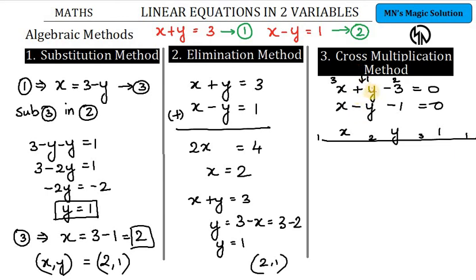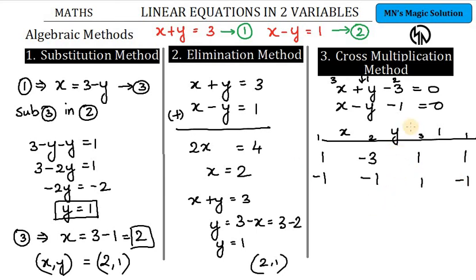So what are the coefficients in position 1? This y's coefficient is +1 and this y's coefficient is -1. Then again, the constants in position 2 are -3 and -1. So here -3, -1. What are the constants in the third position? 1, 1. Again, the constants in the first position are 1 and -1.